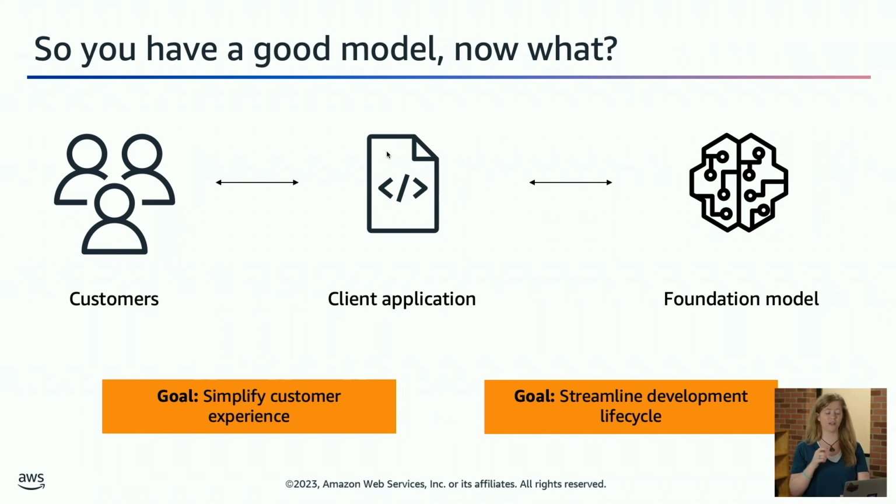So how your client application, which again can be your website, it can be your mobile device, how that interacts with the foundation model, how that stays up to date with the foundation model, how that prompts the foundation model, how that stylizes the content that comes out of it, how you run health checks, how you run fact checks, all things like this.